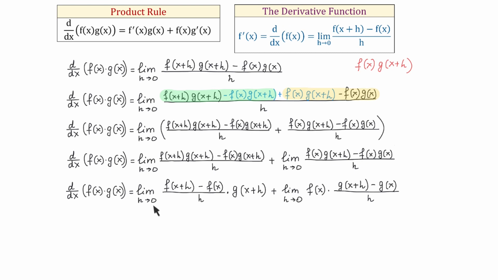Now, when we have the limit of a product, we are allowed to take the limit of each of these factors.